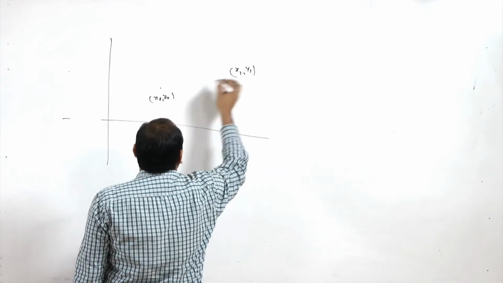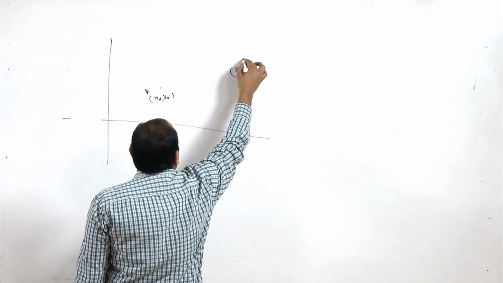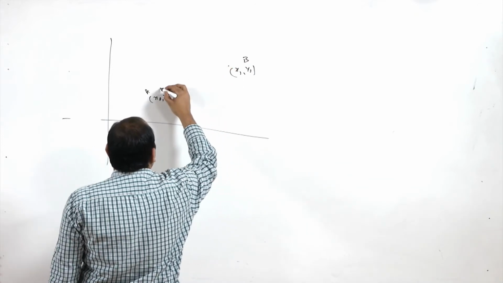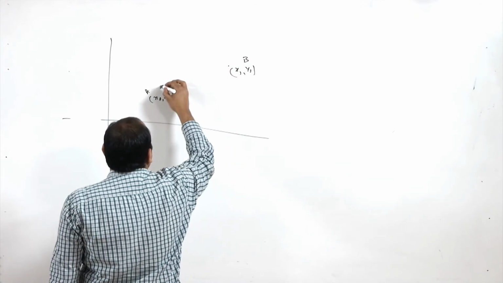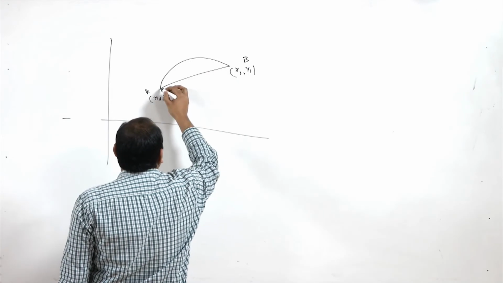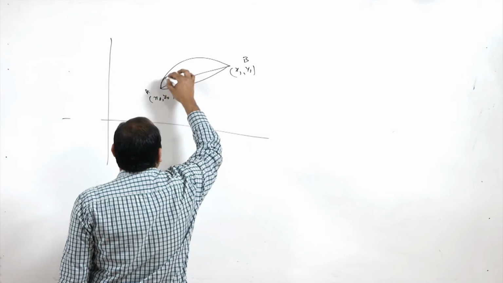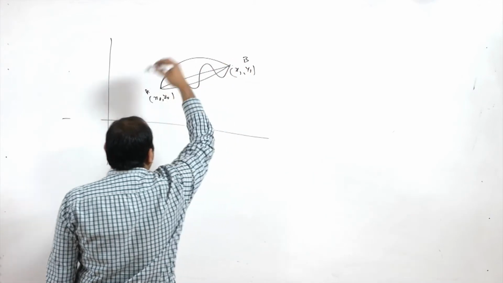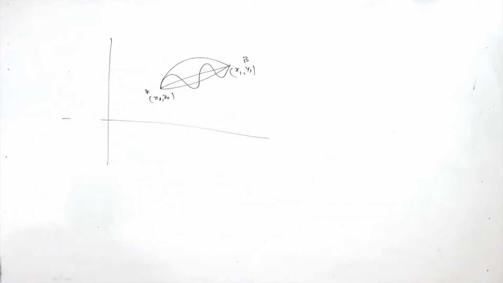Call this point A and this point B, and we want to connect these 2 points by several curves, and find the one joining A and B.